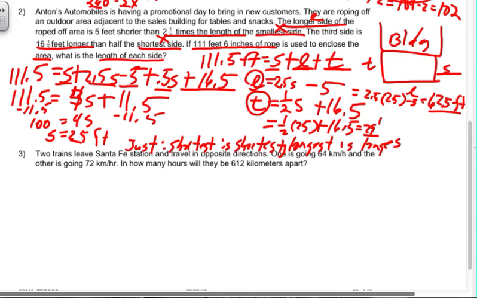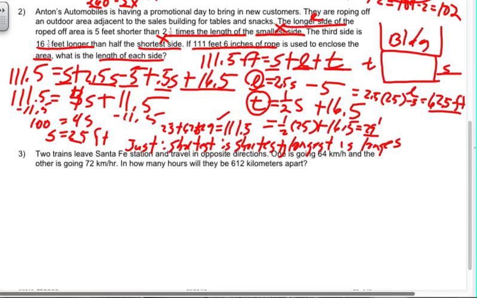And then the last thing to do is to plug all of these back in. So you want to add 25 plus 62.5 plus 29, and if you add all of those up, it should give you 111.5, which is the perimeter that we checked on. And that's our answer.